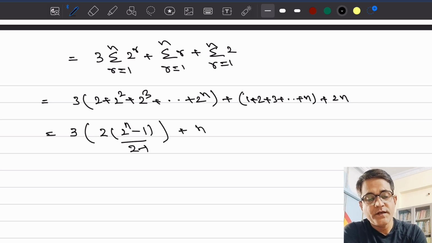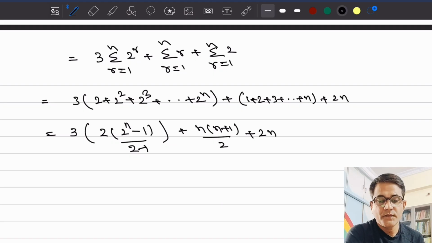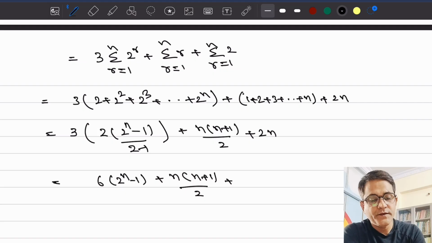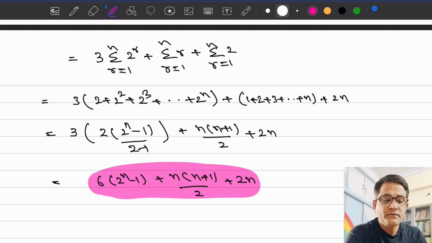The second bracket is the sum of n natural numbers, n into n plus 1 by 2. The third one is 2n. So this is nothing but 6 into 2 power n minus 1 plus n into n plus 1 by 2 plus 2n. So this is our sum of n terms of the given series.